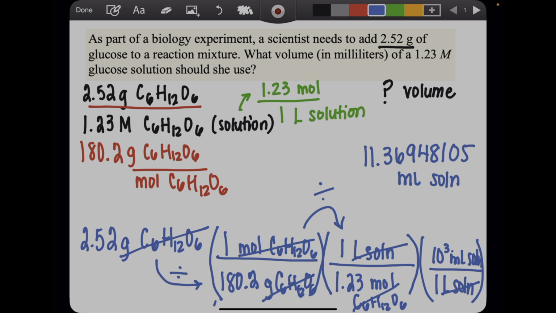But we need to check with our significant figures. And given that we are given 3 significant figures in this problem, we need to round it. So we need 11.4 milliliters of solution. And that would be our answer.